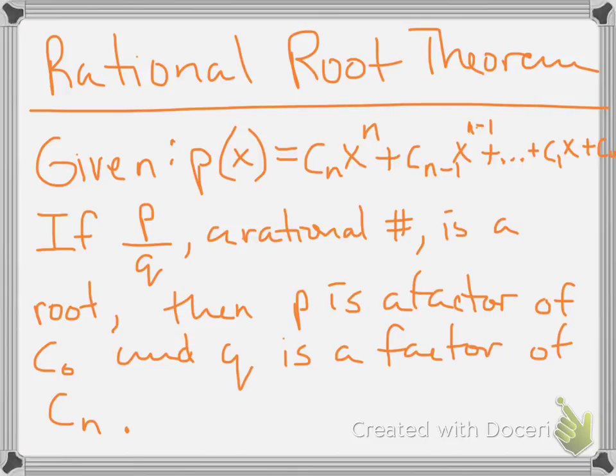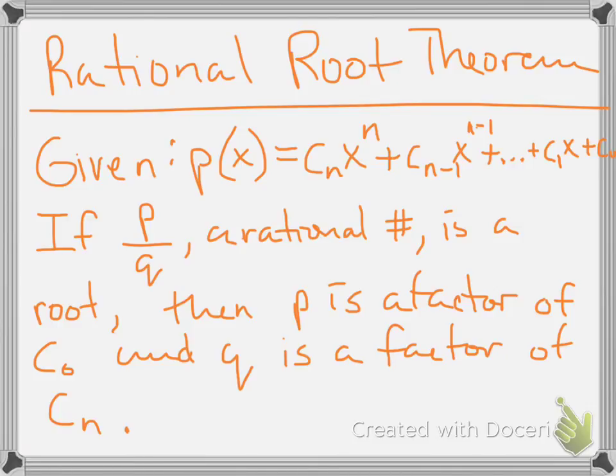So 1 over 1, positive 1 or negative 1, positive 1/2 or negative 1/2, positive 1/3, negative 1/3, positive 1/6 or negative 1/6. Positive 3 over 1 or negative 3 over 1. Positive 3 over 2, negative 3 over 2. You see how it works? 3 over 3 gives you 1 again. 3 over 6 gives you 1/2 again. But those are the possible rational zeros of that polynomial.